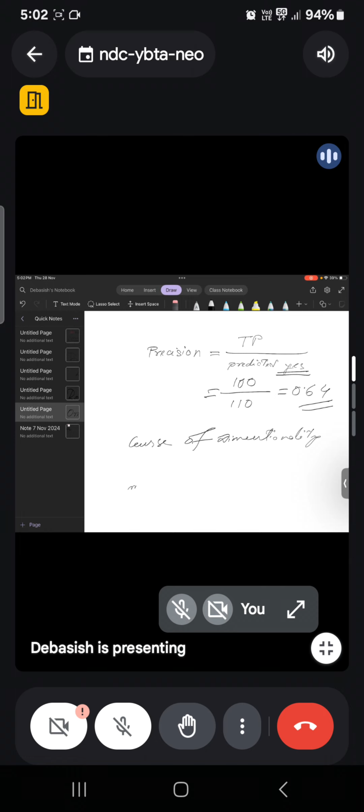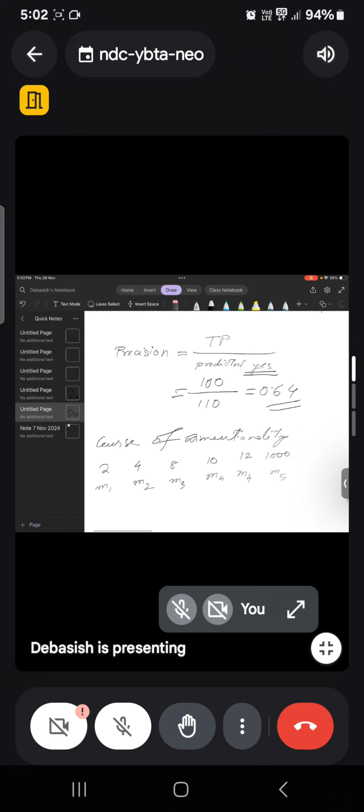First model on the basis of two features, second model on the basis of four features, third model on the basis of eight, similarly M5, like 10,000, M6. So in here features are increased.